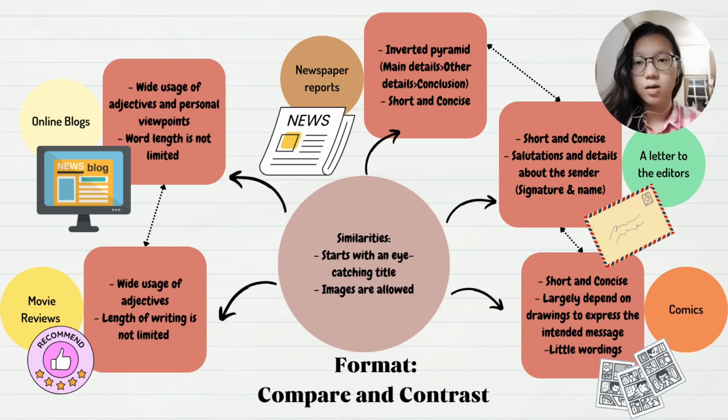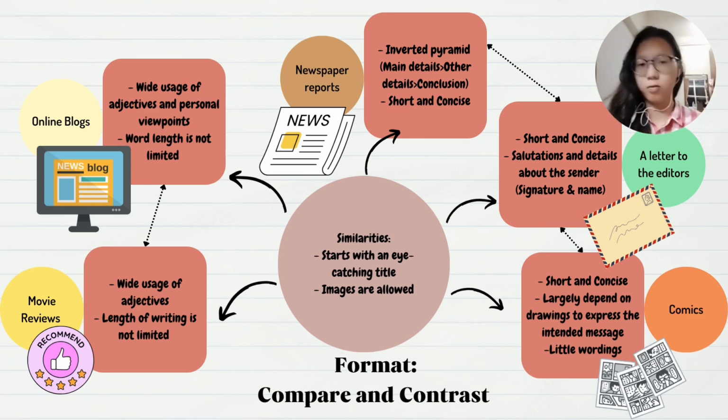There are two types of similarities there. The first one is they all start with an eye-catching title, which is very important if you want to hook your readers' attention. Then the images are also allowed because, like we always see in newspaper reports, they have pictures of the topic. Then letters to editors, sometimes we can attach a picture as appendix to show it to the editor, like which place can be improved.